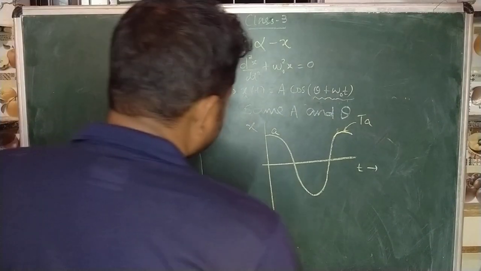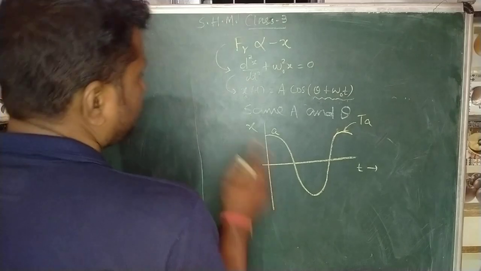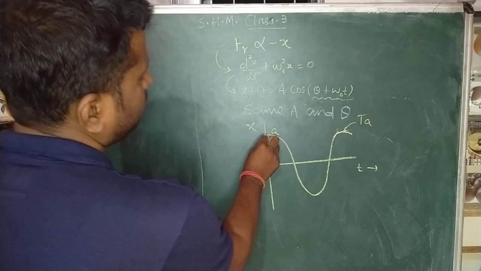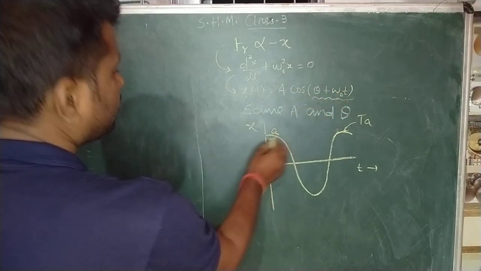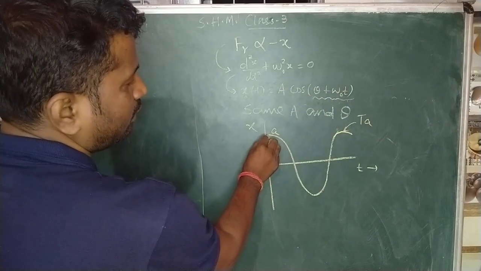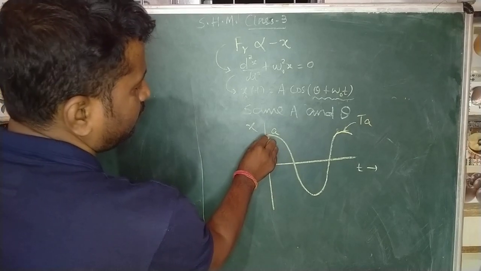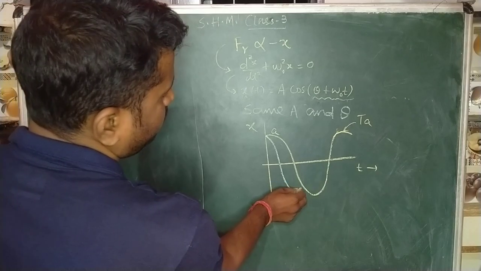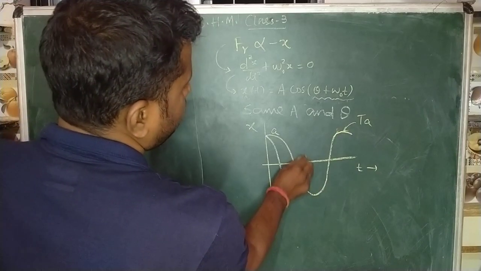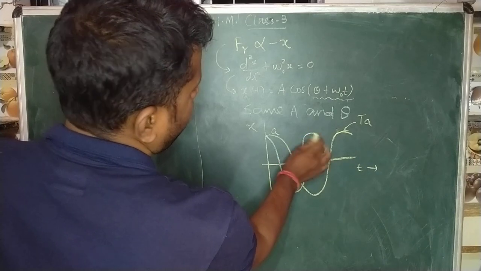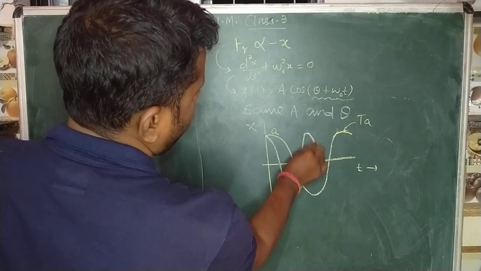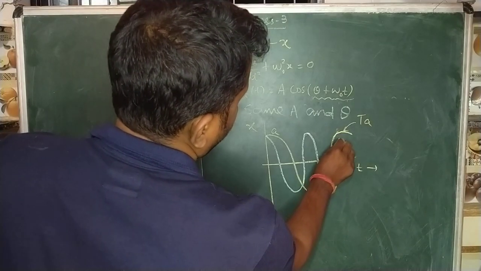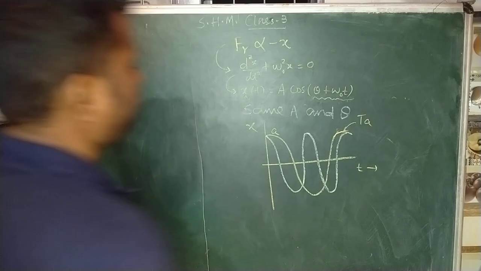Let's look at the second oscillator B. Same amplitude. So this oscillator also has the same amplitude, starts here, and at the same instant it also starts here.